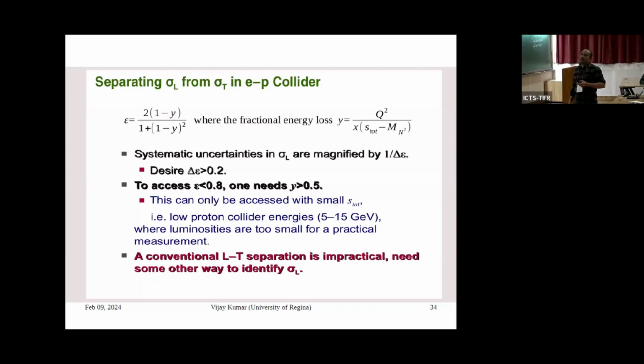So people have actually done simulations at different EIC energies and concluded that this is not possible? For LT separation? Yeah. I think no. So I would just be careful about saying that we can't do it without some definitive study that shows that you can.